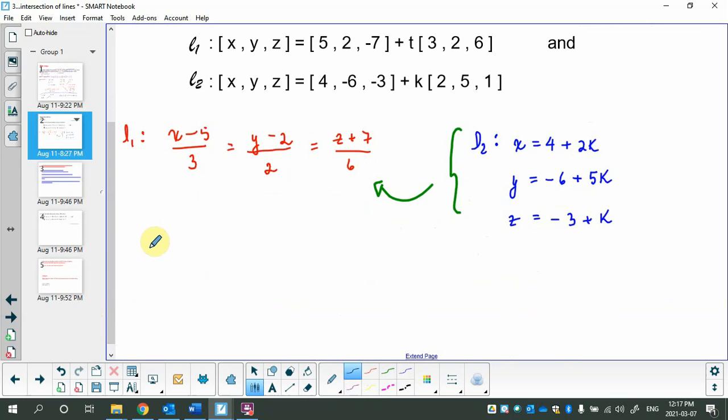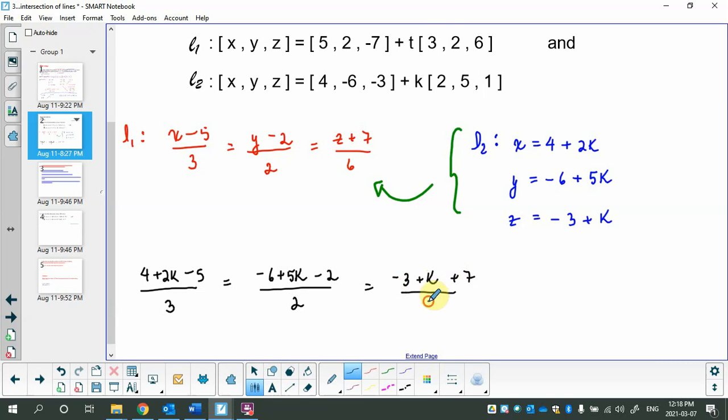Also subtract 5 and also divide by 3. Equals y is negative 6 plus 5k. Also subtract 2 and divided by 2. Equals z is negative 3 plus k. Also add 7 and divided by 6.